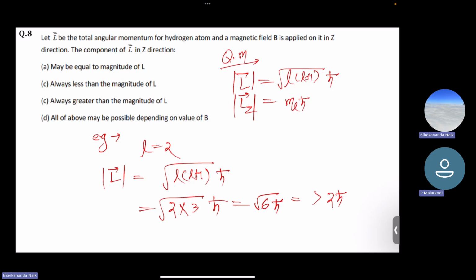Yes, sir. It is always greater, because root 6 is greater than 2, it will be 2 point something. So it is greater than 2 h cross. Now let's talk about the values of Lz. If L is 2, what are the possible values of ml?